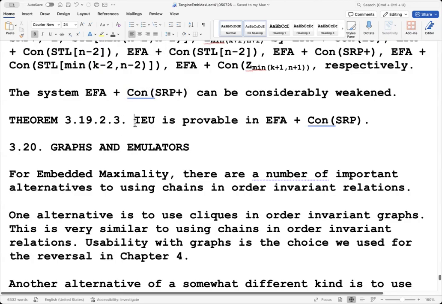It's not refined enough for this, which I do separately. IEU is provable in EFA plus Con SRP.